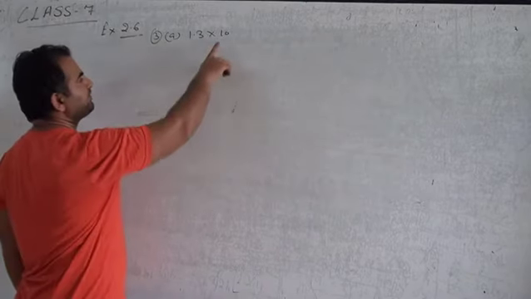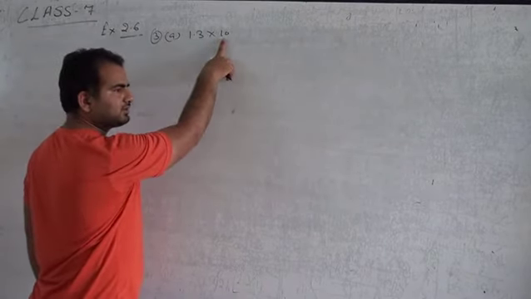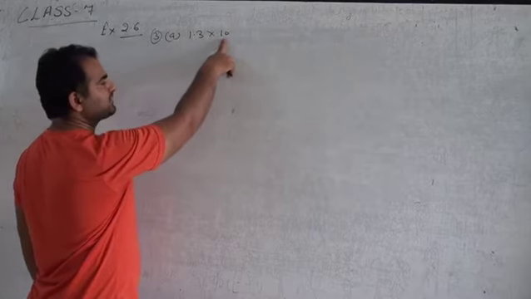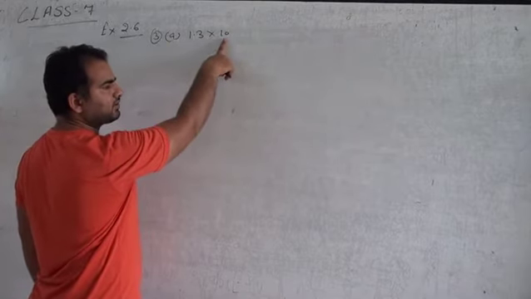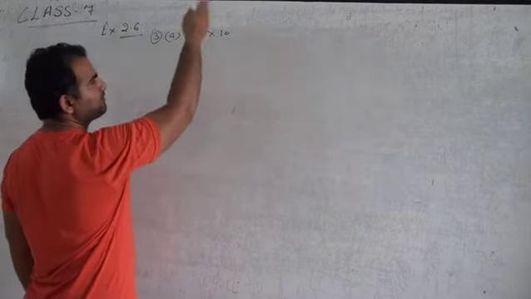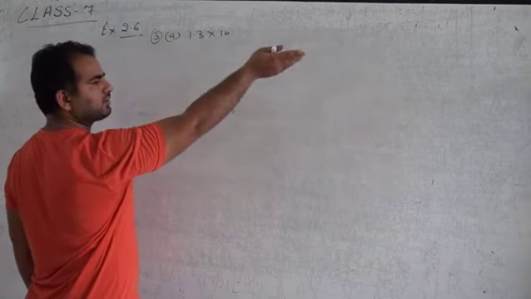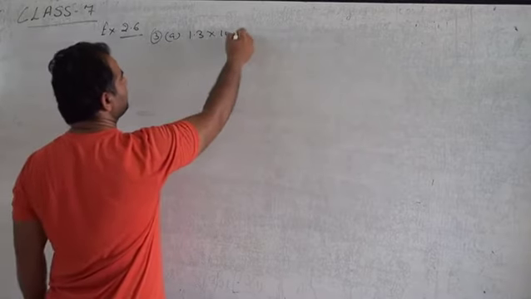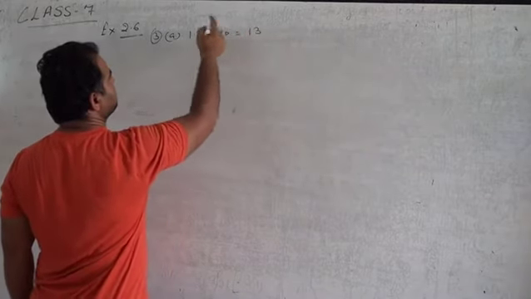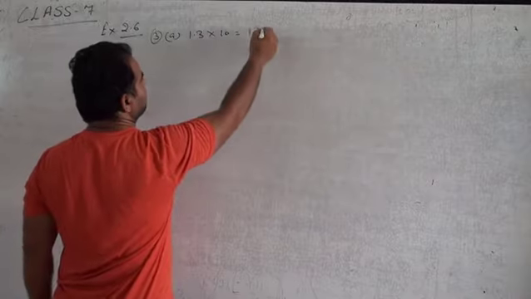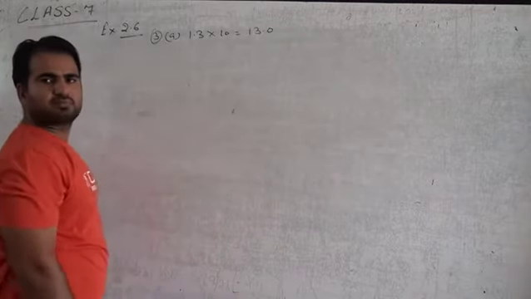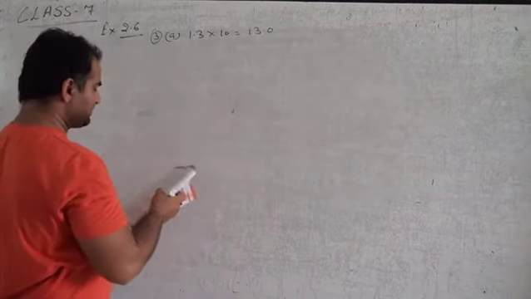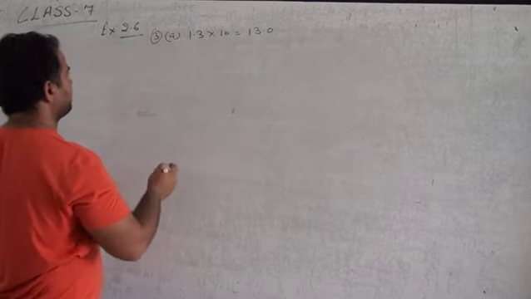If you multiply by 10, 100 or 1000, we count how many zeros are there in 10, 100 or 1000, and the decimal will move to the right hand side. It will be 13 because the decimal moves that side. 13.0. Done.